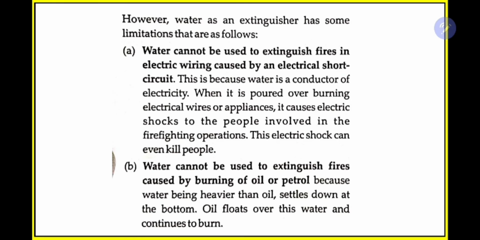When water is poured over burning electric wire or appliances, it causes electric shocks to the people involved in the firefighting operations. So what will happen? Let me try to draw a diagram. For example, these are the wires where there is fire, and one person is standing over here, throwing water to this place.